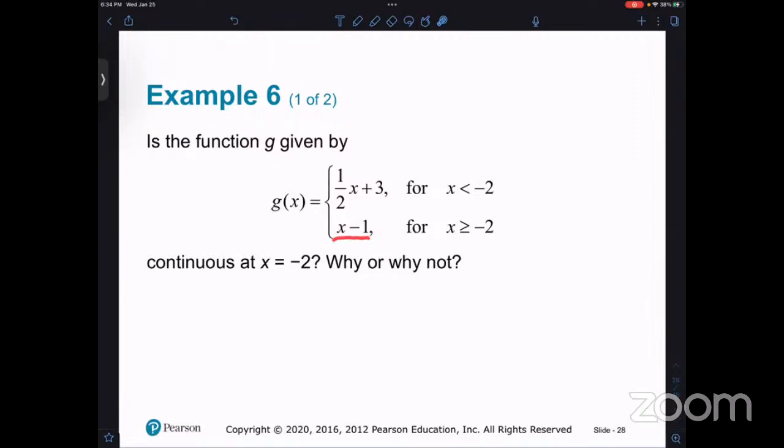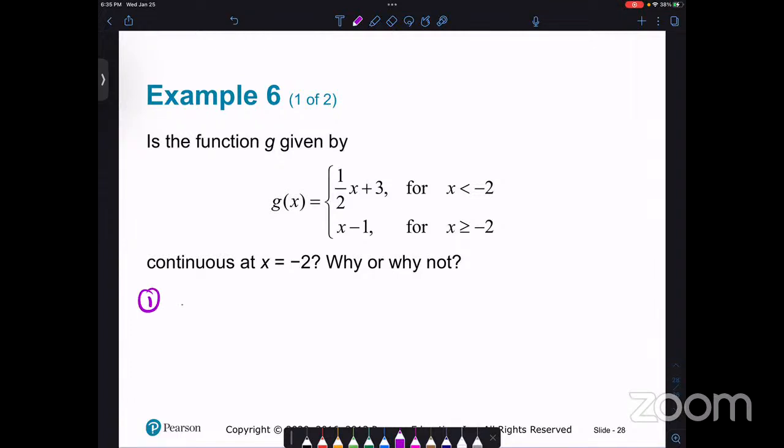So in order for it to be continuous at x equals -2, the first condition is the function has to be defined when x is -2. So let's consider the first condition. We basically want to evaluate g of -2.